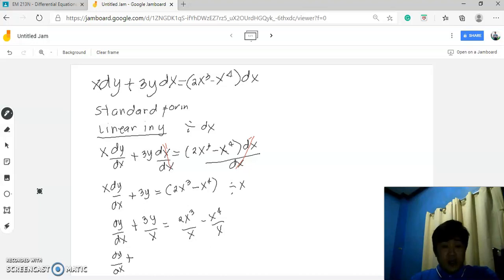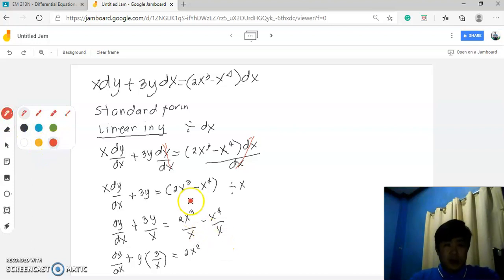So after that, we have our dy over dx plus, so our target here, we say that we will make this into the standard form of a linear differential equation in y. So in the standard form, we have y here, and we will be targeting our p of x. So y times 3 over x is 3y over x. So we have here 2x squared. Let me change the color.